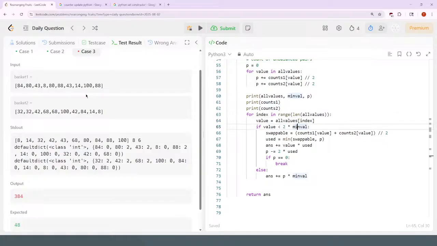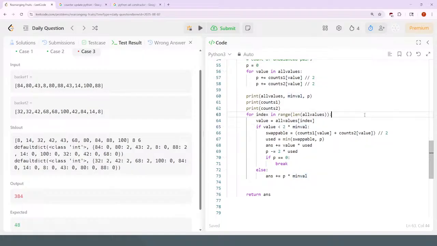Swappable is counts 1 of the value plus counts 2 of the value divided by 2. So 8 occurs 0 times. And then it goes to 14.